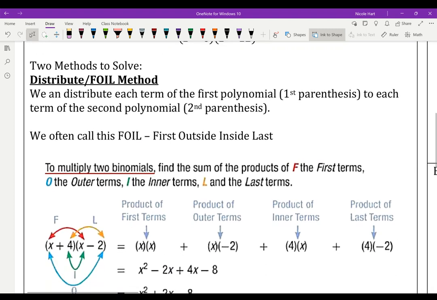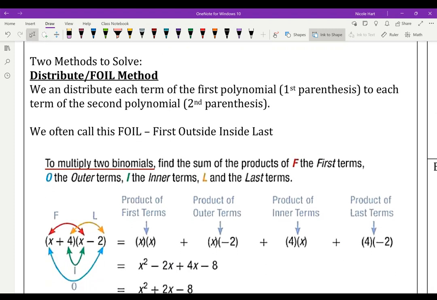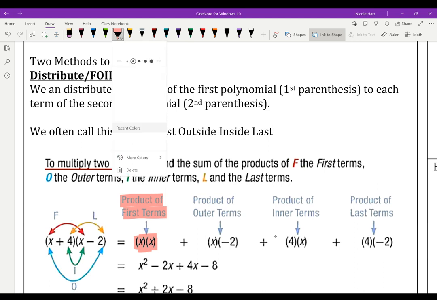So what FOIL stands for, or what you'll be doing with the distributive property, is you're going to be taking the first term of the first binomial and the first term of the second binomial, and you are going to multiply them together. So the product of the first two terms, that's going to give us x times x. And then we are going to take the O from FOIL. The O stands for outer.